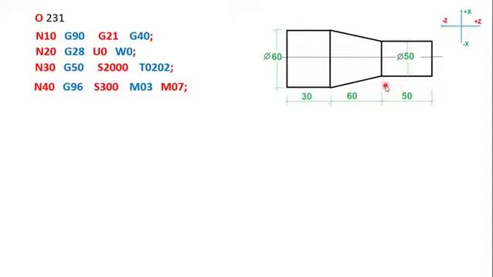So we have to make the surface speed constant. That's why G96 comes into the picture. G96 is constant surface speed, and that is given as 300. Then we start with Z0 X61 Z2.